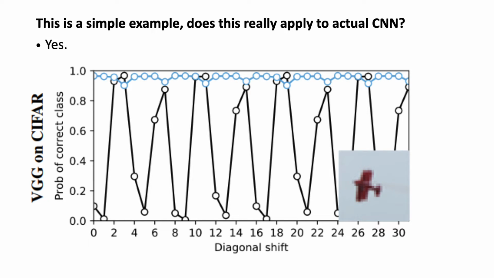As you can see in the black line, as we are moving the input image, we see this periodic behavior where you have correct predictions and wrong predictions based on how the image has been translated. This is not a good property to have. The blue line here is what you get when you use the CNN layer that is proposed in this paper.